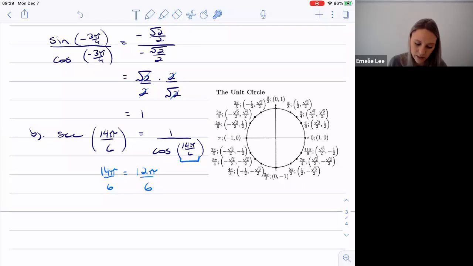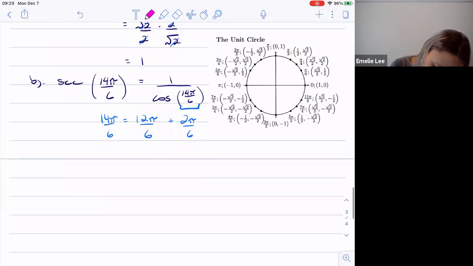You just need to look at the denominator and how to get 2 pi out of that: 2 times 6 is 12, so 12 pi over 6 makes 2 pi. So this is just one loop around, and then I'm going 2 pi over 6. 2 pi over 6 is the same as pi over 3, which you would get if you canceled it too.